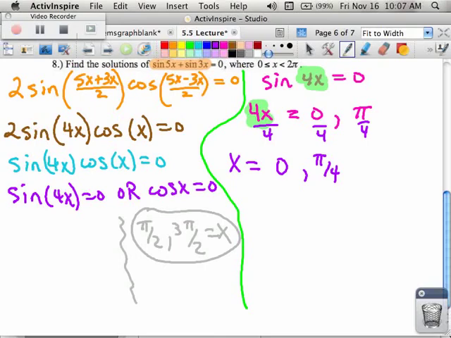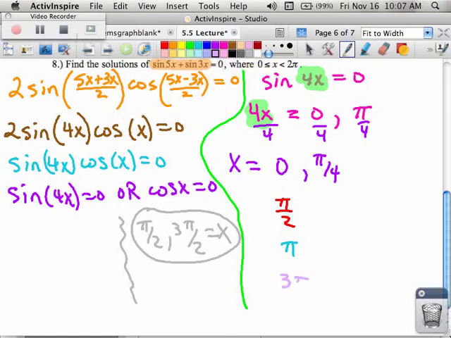The next ones are a little bit more challenging because I'm talking about a pi over 4 thing. So instead of using pi over 2, I'm going to use 2 pi over 4, which is the same as pi over 2. It's working with common denominators. If I add 2 pi over 4 to 1 pi over 4, I get 3 pi over 4.